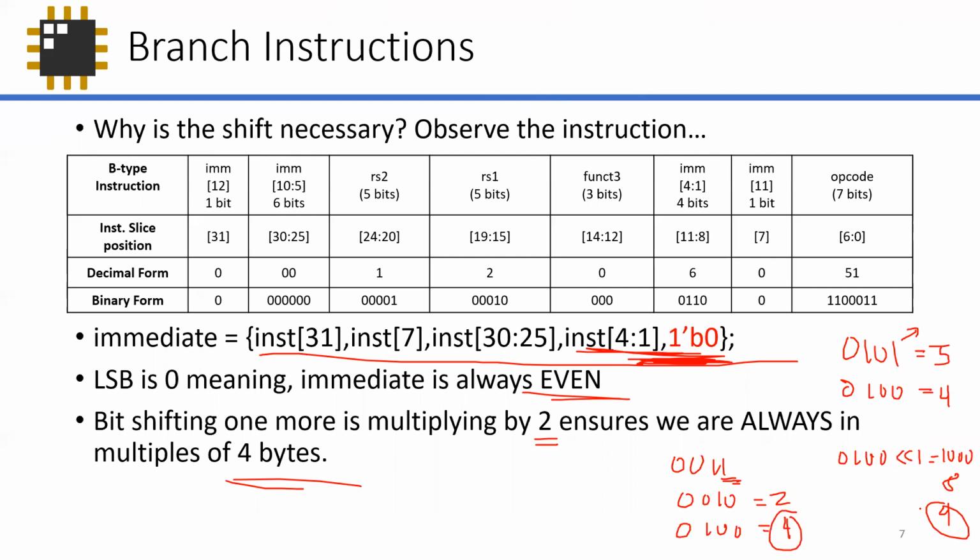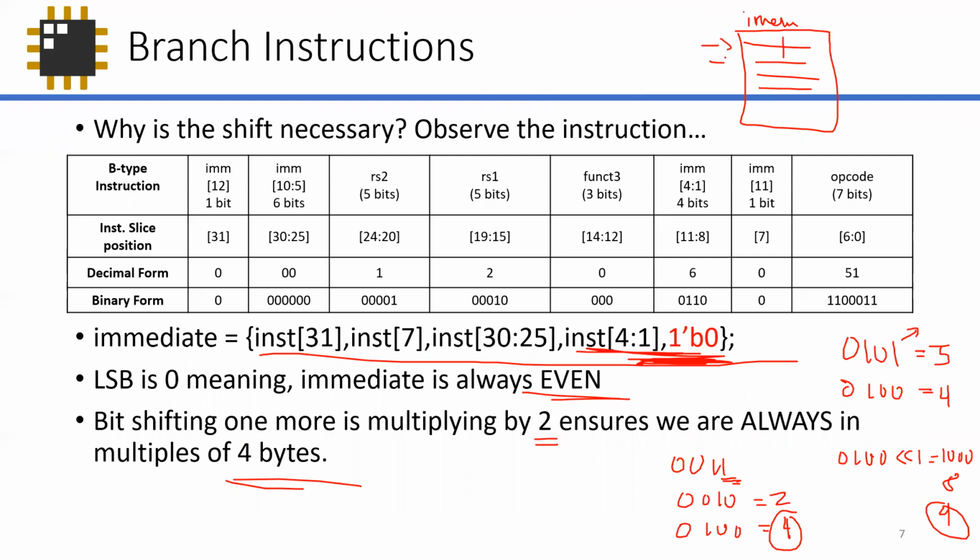Okay, I think this also goes in line with your question earlier. Let me add a little bit more information to what you asked earlier. Since we're accessing the instruction memory, we cannot really access half of an instruction, right?